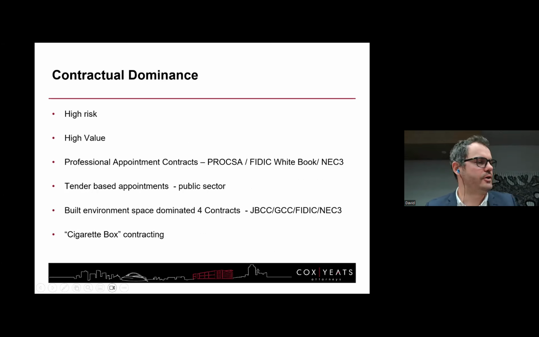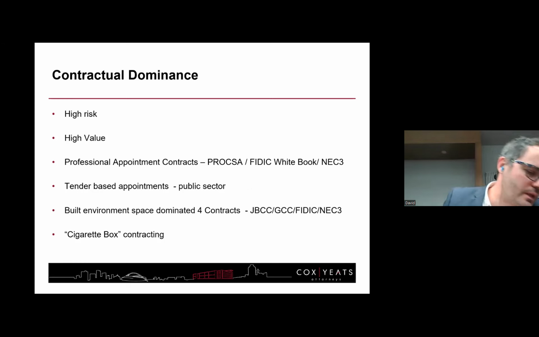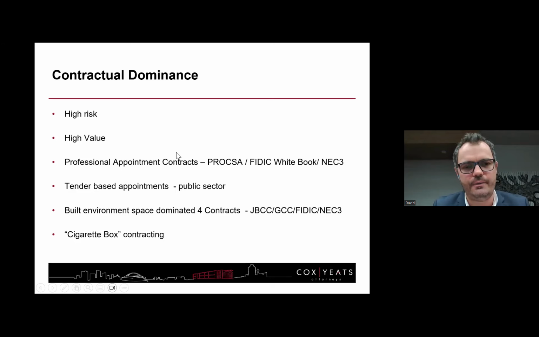So why is there contractual dominance in the construction industry? Basically, it's high risk, high value. There is always a professional negligence component. So the professionals get appointed in terms of PROXA, FIDIC White Book, NEC3, one of the suites, or NEC4.